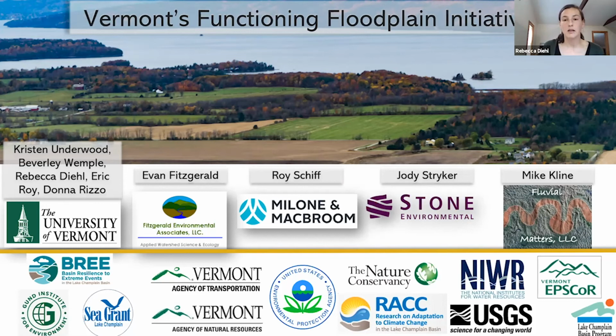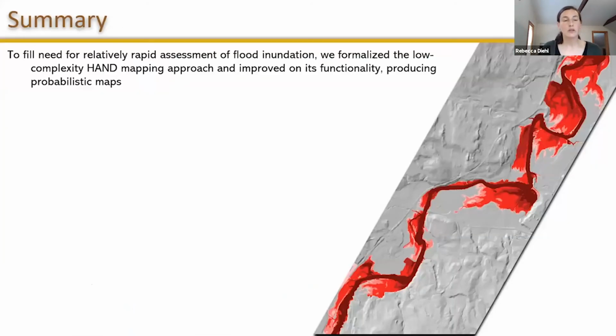And so with the last minute or so, just to summarize, we've been working on creating this inundation mapping tool and applying it to the Lake Champlain Basin called the probHAND model. And as a result, we create these probabilistic floodplain maps.